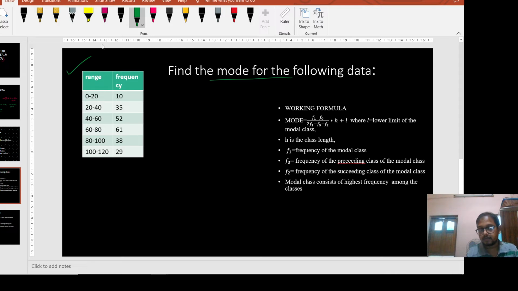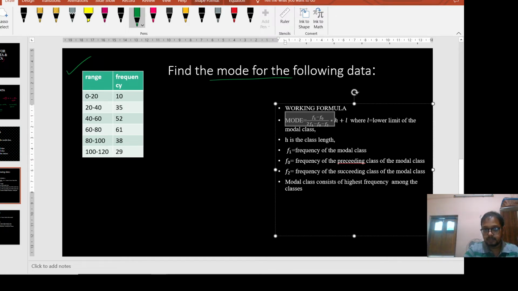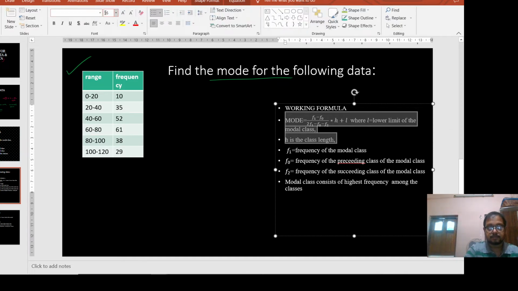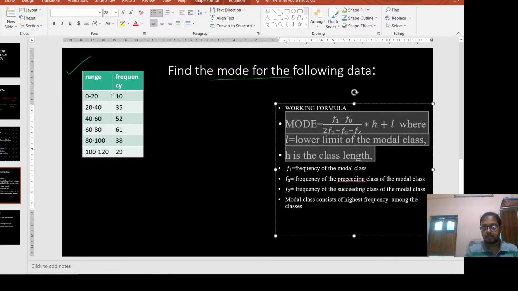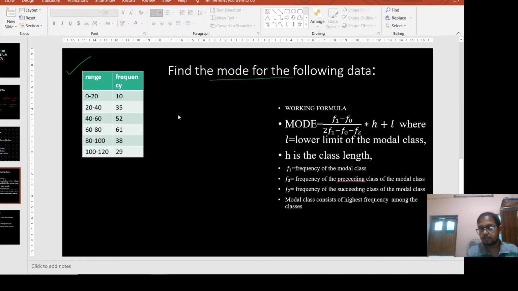See here what the working formula is: mode is equal to (f1 minus f0) divided by (2f1 minus f0 minus f2), times h, plus l, where l is the lower limit of the modal class.